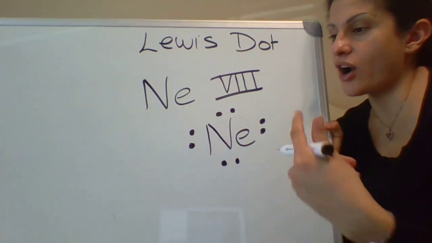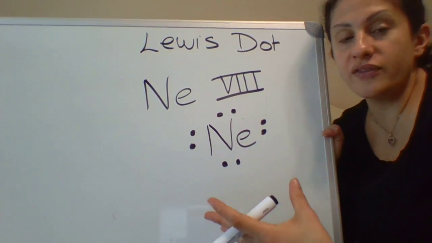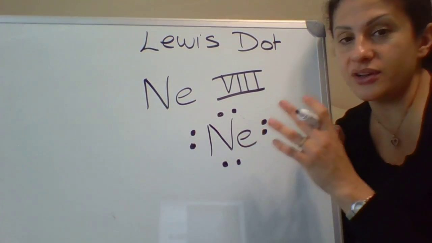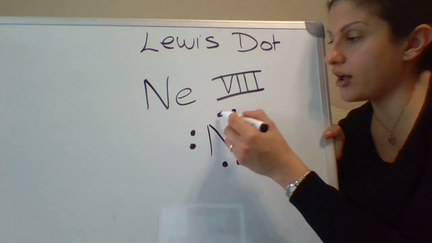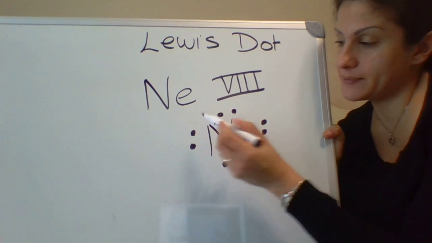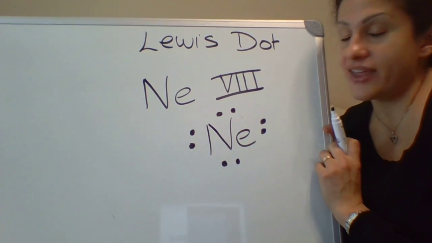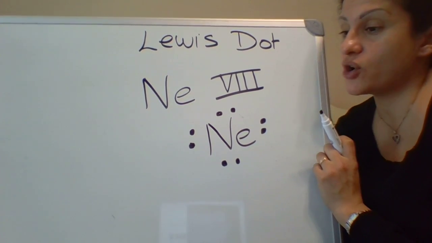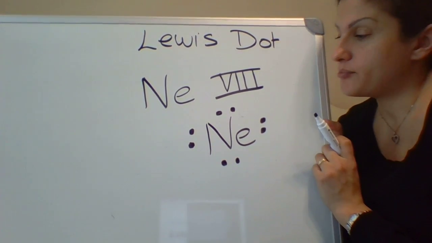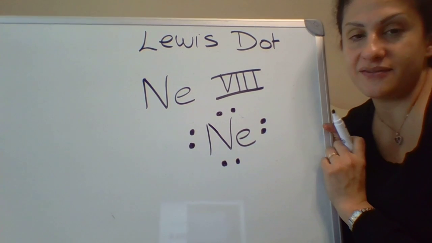So neon, argon, xenon, all of those have a full valence shell. They all have 8 valence electrons, and they are happy. They don't react with anything because they have full valence shells.